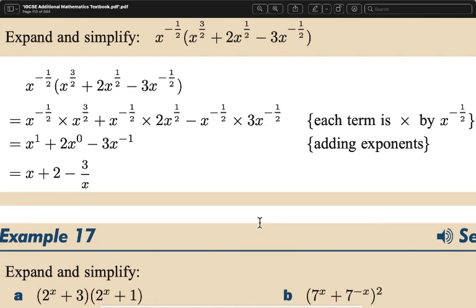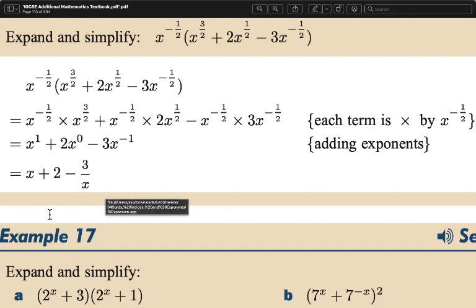As x to the negative 1 times the coefficient also equals the coefficient over x. As the coefficient is 3 in this case, the final equation is going to be x plus 2 minus 3 over x.